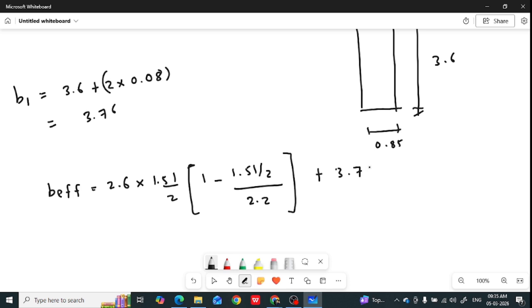B1 is 3.76. Okay, so B effective, you are getting it as 5.05 meters.